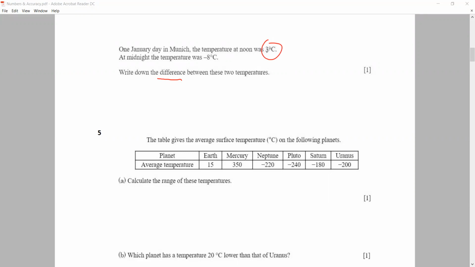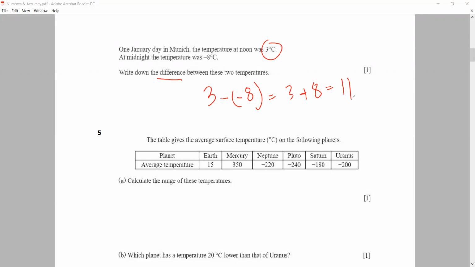That's very obvious because the sign of 3 here is positive. And you minus that by the smallest number. So we have 3 minus -8, right? And that gives us 3 plus 8, which is 11.